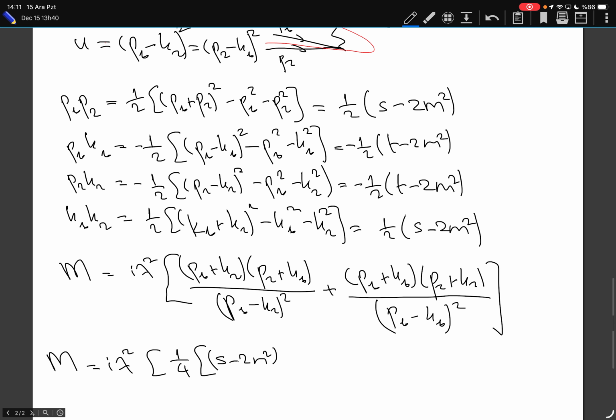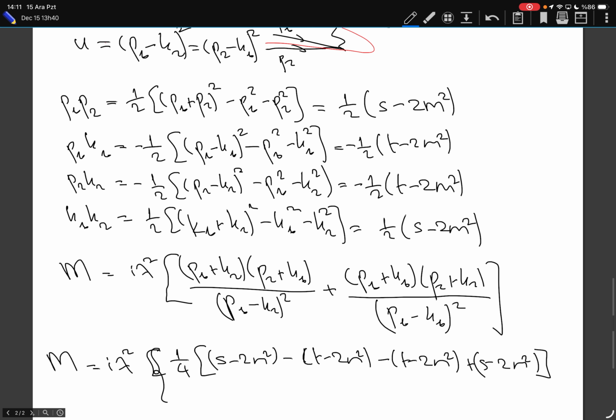P1, K1 is minus T minus 2M squared. Then I have K2, P2, which is again minus T minus 2M squared. And K1, K2 plus S minus 2M squared.